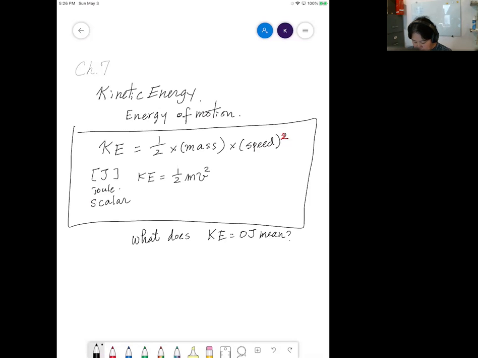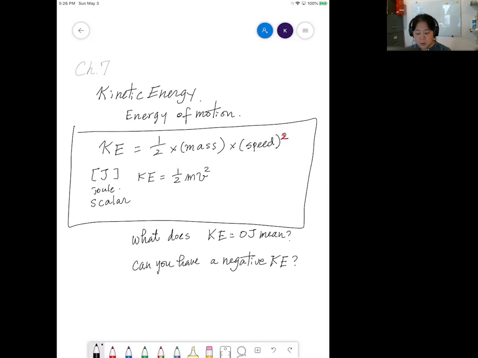All right. So can you have a negative kinetic energy? Is it possible ever to have a negative kinetic energy? Well, let's look at the definition.